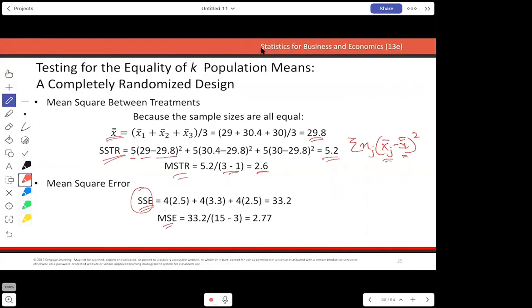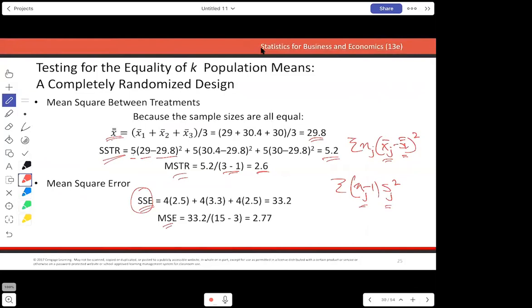Now, SSE is the sum of squares due to the error. I remember what we said that was. Well, that was going to be nj minus 1 times sj squared, and we add it all up, all right? So we were given those values. We were given the sample variances. We know the sample sizes, so therefore we could compute that. So there are 5 values in each column.